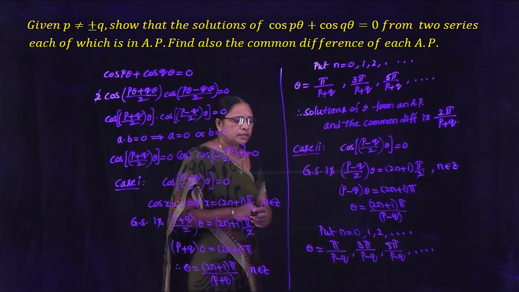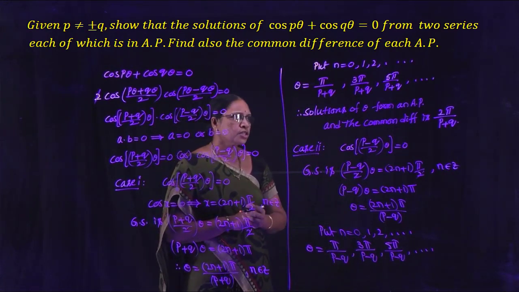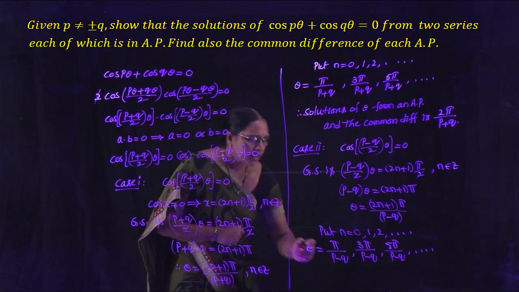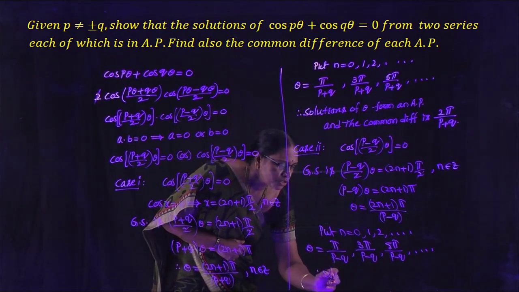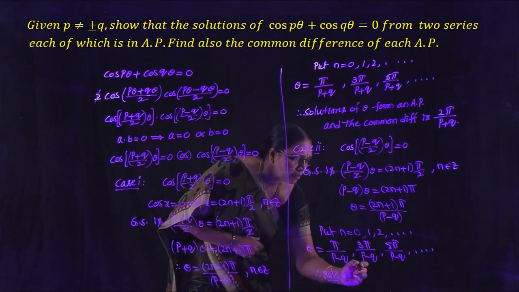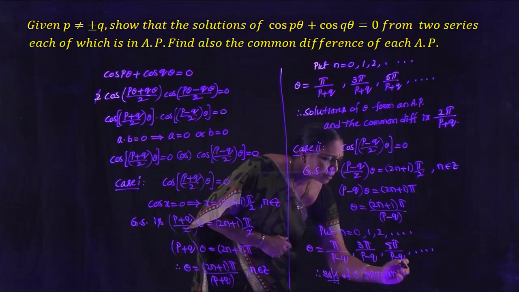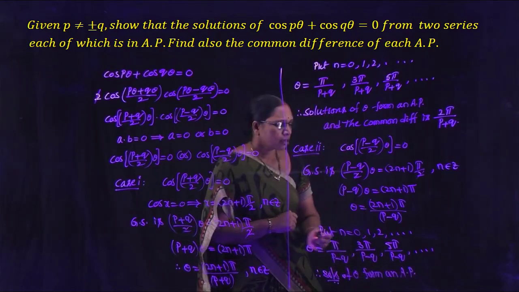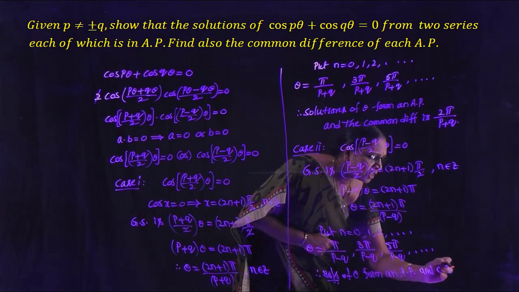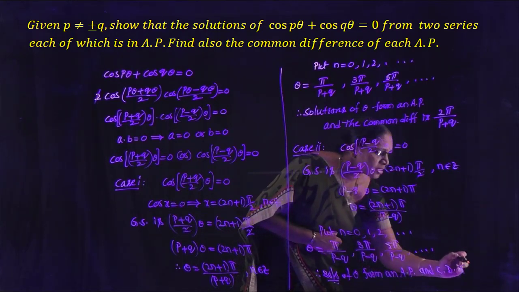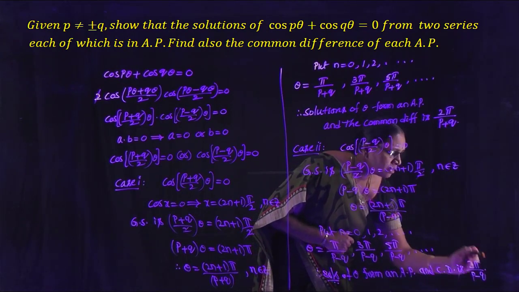We observe that the solutions of theta form an AP. Therefore, solutions of theta form an AP, and common difference is 2 pi by p minus q.